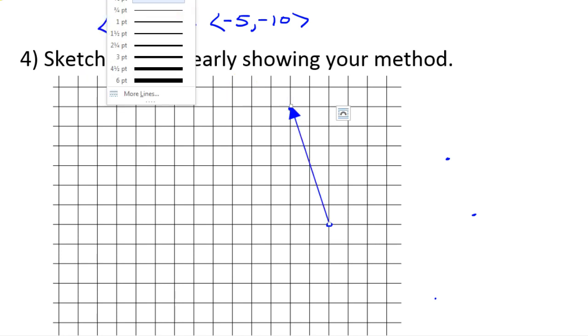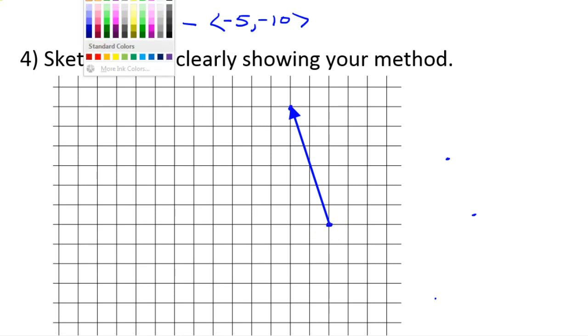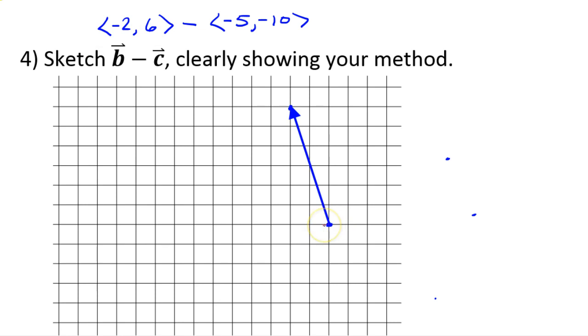And I'm going to let this one be blue. Okay, so there's vector B. Now I'm going to draw vector C. Now when I'm adding, I draw the vectors head to tail. I start the next vector where the last vector ended. When I'm subtracting, at least using the method that I'm going to use, you put the vectors tail to tail. There is another method.